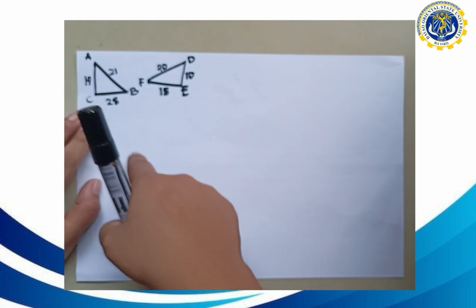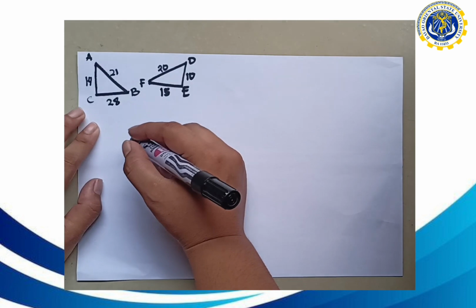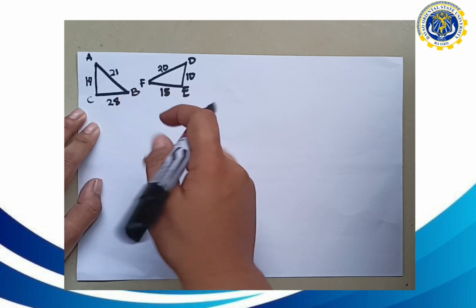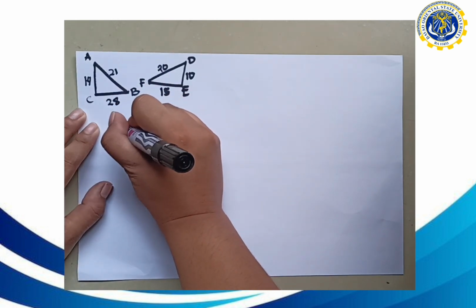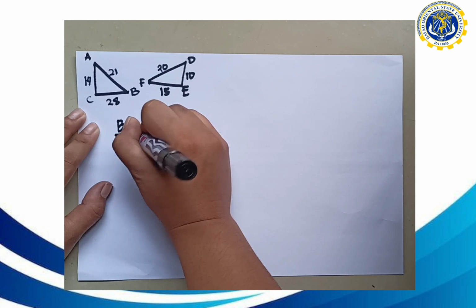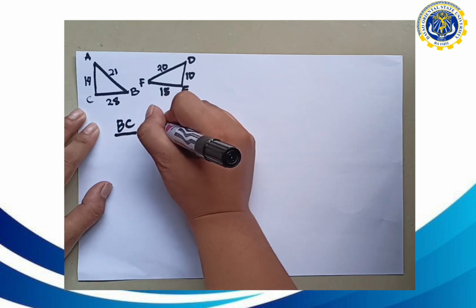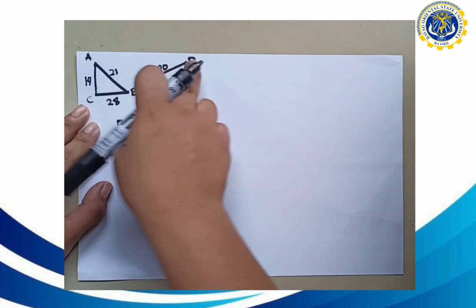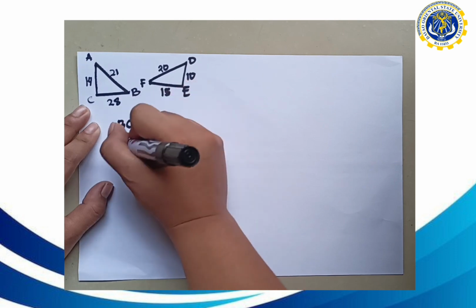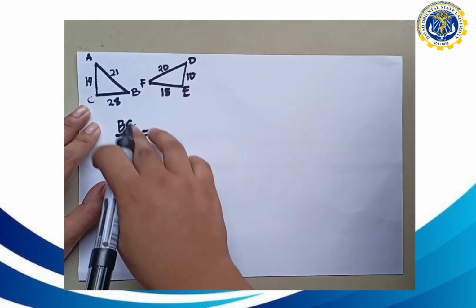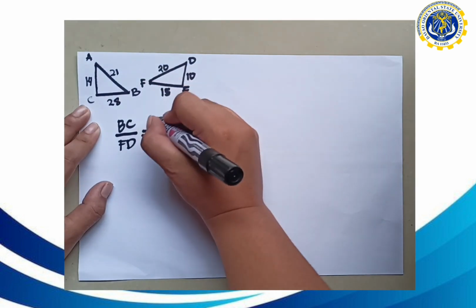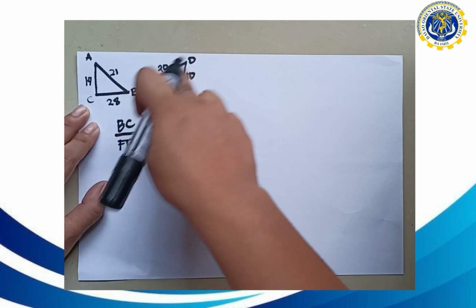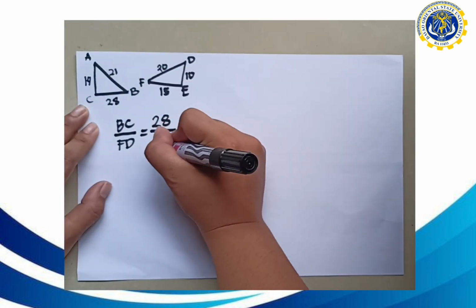So, we have BC, which has the longest side of 28, over FD, which has the longest side of 20.